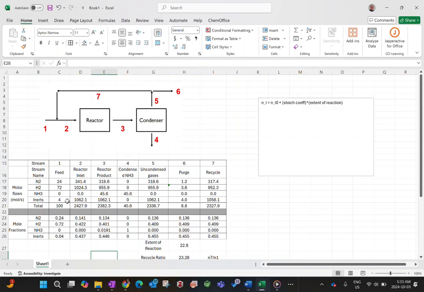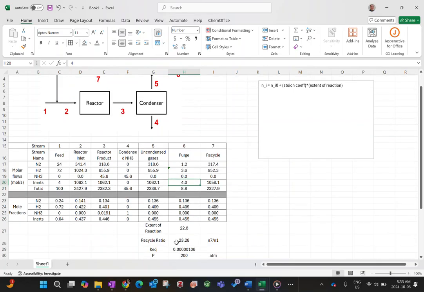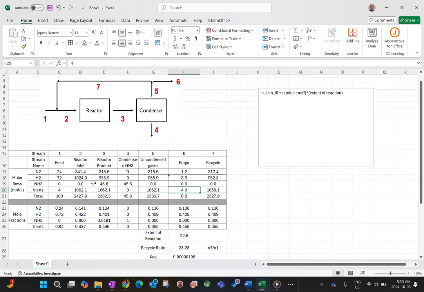They come in, they're just 4 moles per second in the feed, 4 moles per second in the purge. But the inert flows in the recycle, because of how much lower the single pass conversion was compared to the overall conversion, the inerts have built up like crazy. And so the molar flows of inerts are about 1,000 or so going back in the recycle compared to just 4 moles per second in the feed and in the purge.